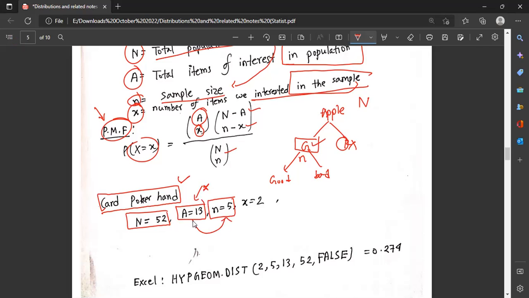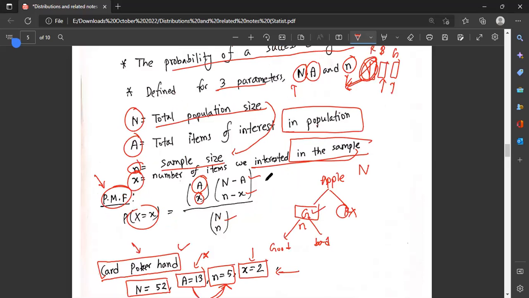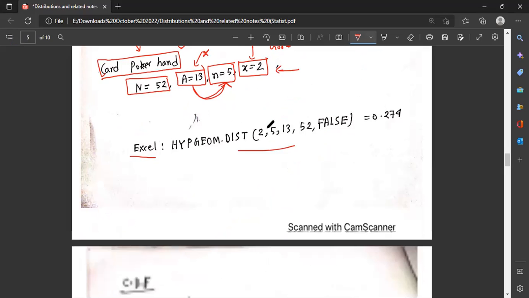You take 5 out of 13. And let's say you are interested only in 2 cards. So those who know the poker hand, this card game, will understand this distribution, okay? And here again we have a formula for Microsoft Excel. Either we can use this formula and calculate by hand, or we can use Microsoft Excel to calculate this part.